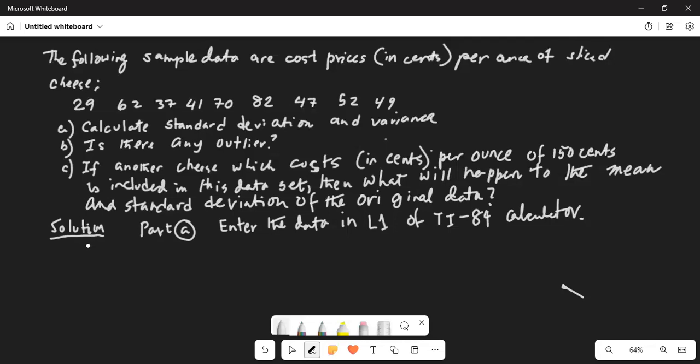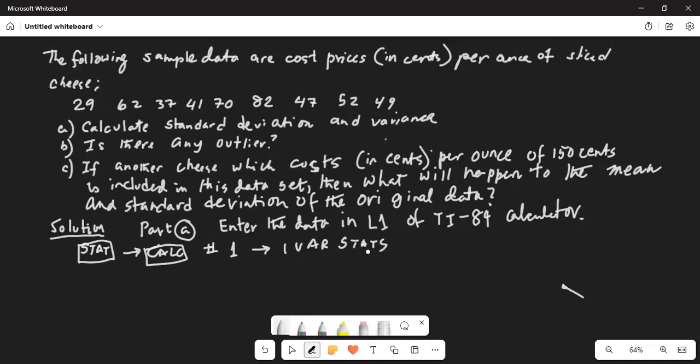So press the stat button, then highlight calc on the top row, then number 1, which is 1-Var Stats.